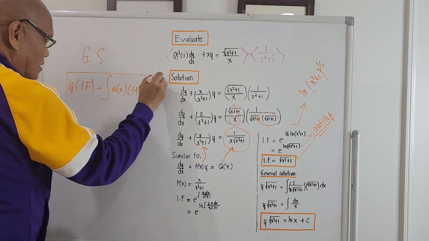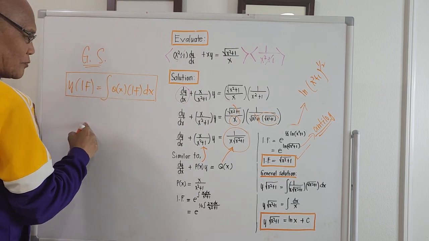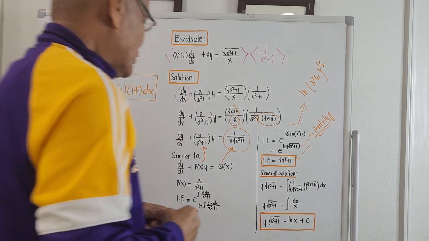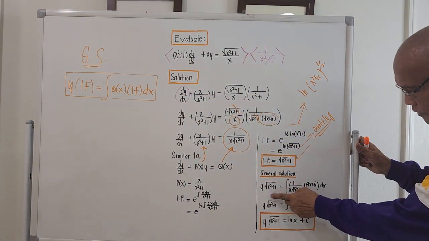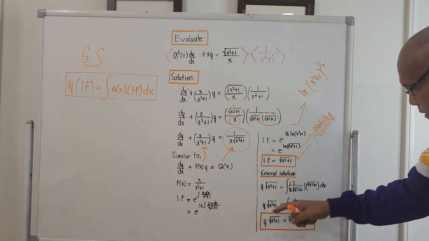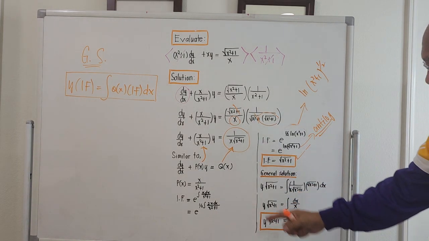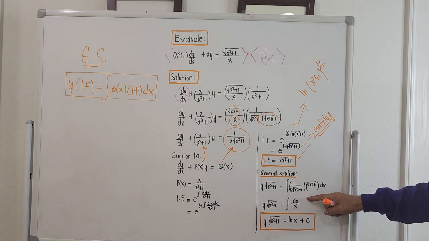This is the form on how to get the general solution under case number 1. So it will now be y times the computed integrating factor, the square root of x squared plus 1, equal to the integral. The right hand side is actually 1 over x square root of x squared plus 1.